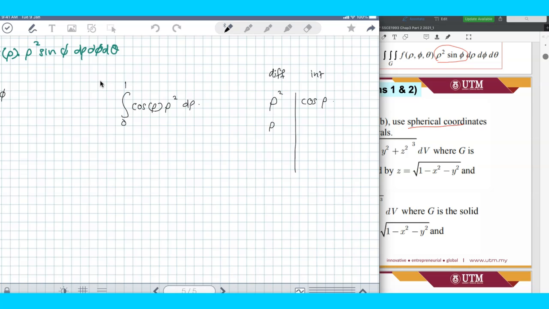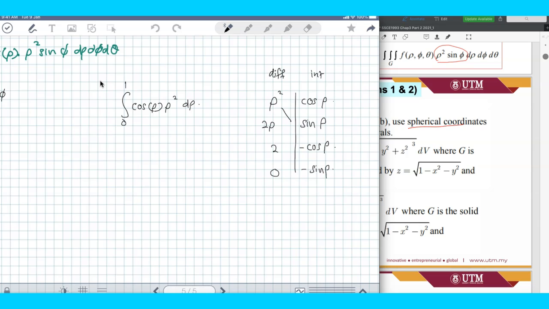I will differentiate till I get 0, so rho squared becomes 2 rho, 2, and 0. And integrating cos, I get sine rho, negative cos rho, and then negative sine rho.